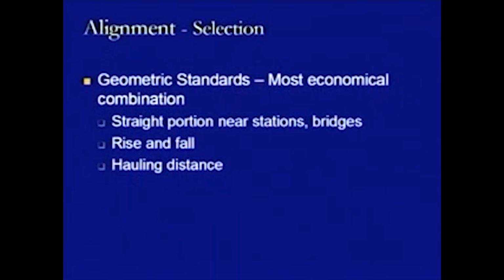Then hauling distance is another aspect of the geometric standards, and hauling distance means, with the help of the power available to any locomotive, for how much distance the load can be transported. So, if we are talking about any locomotive which is running with some fuel, then with the fuel provided to that locomotive, what is the maximum distance up to which it can move?